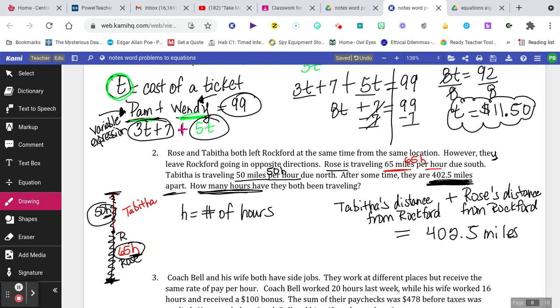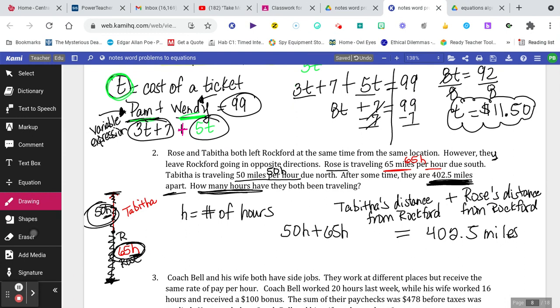I do know that. So we're just going to set up an equation. Okay, Tabitha's distance from Rockford is represented by 50h. Plus Rose's distance from Rockford is represented by 65h. And at some point it's 402.5 miles apart.